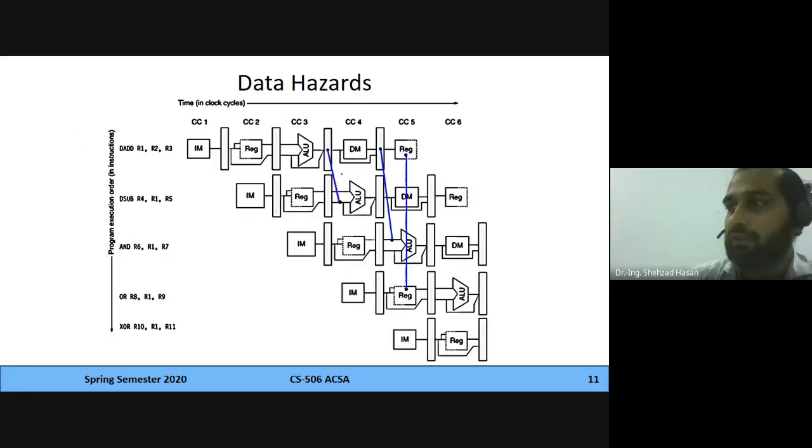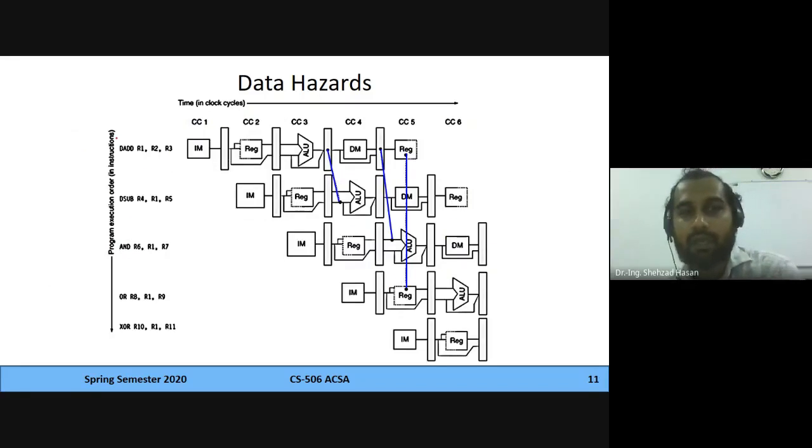If you look over here, what we need is to pass on the value from the EX/MEM pipeline stage back to the ALU. Now remember, I have drawn the five stages again and again. They are just five stages. It's drawn this way for clarity, to show which stage is utilized by a particular instruction at a particular clock cycle.